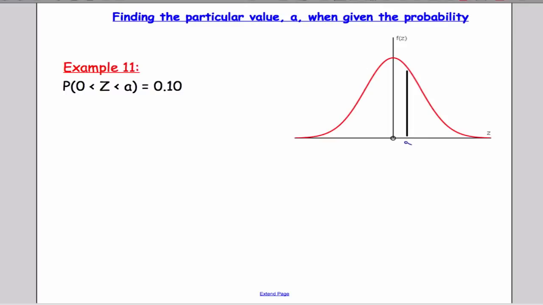If I call that A there, and I know that this area in here is 10% or 0.1, I can add on, like we've done before, add on 0.5, and I now know that the total area here is 0.6. So I can safely say that the probability that my random variable is less than A equals 0.6. I can go to my table now and have a look.